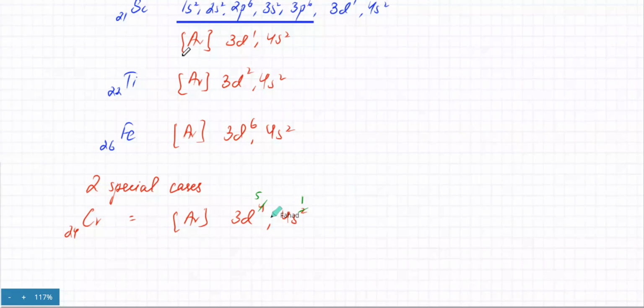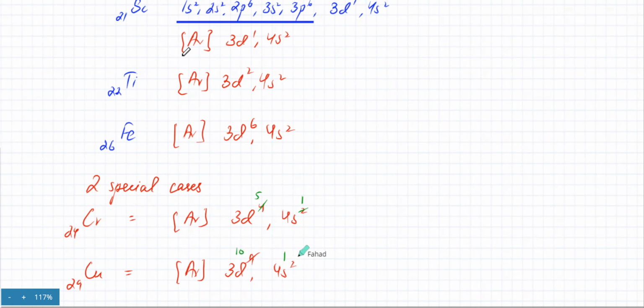Then there is another special case, which is copper. Copper is 29 electrons. So that means it's argon, and it should have been 4s2 and 3d9, but instead it is 10 electrons over here, and there's 1 electron in the 4s.